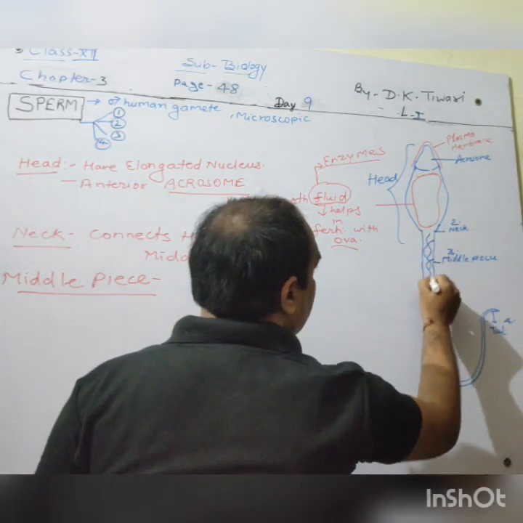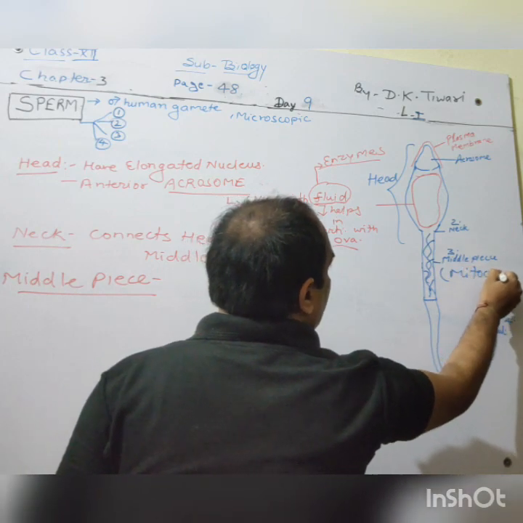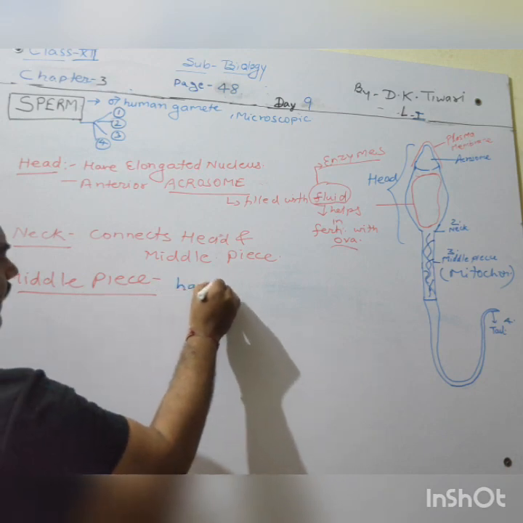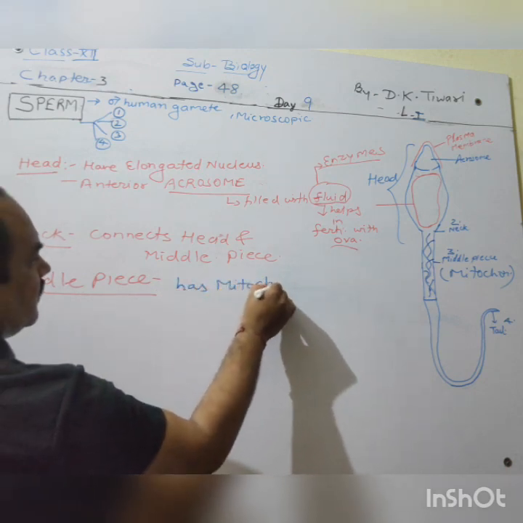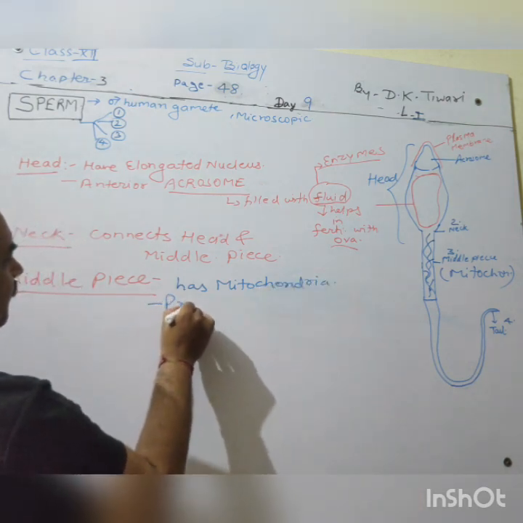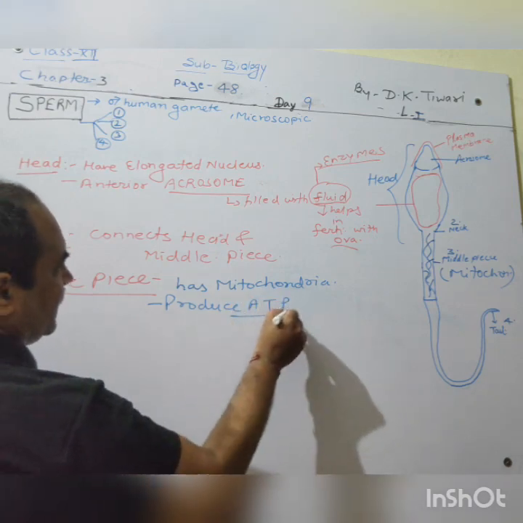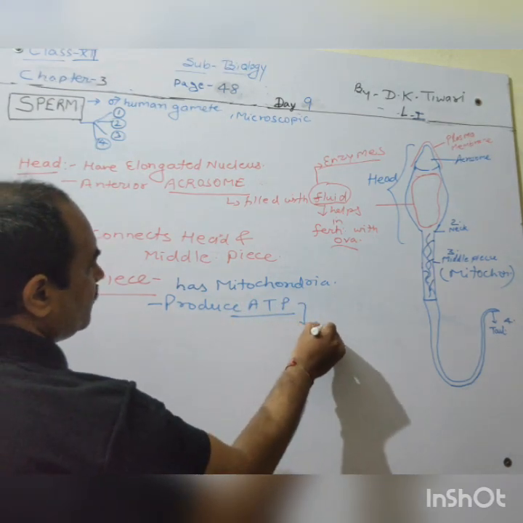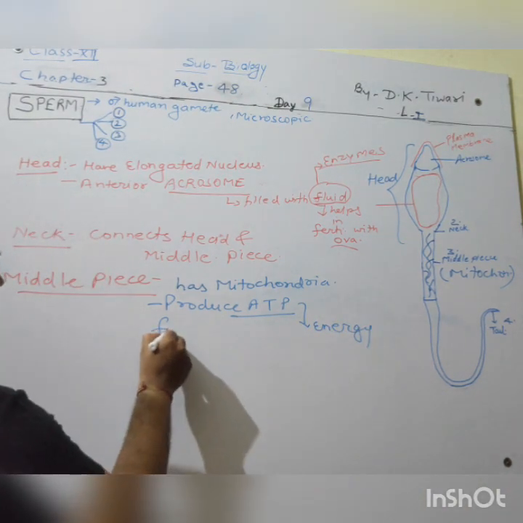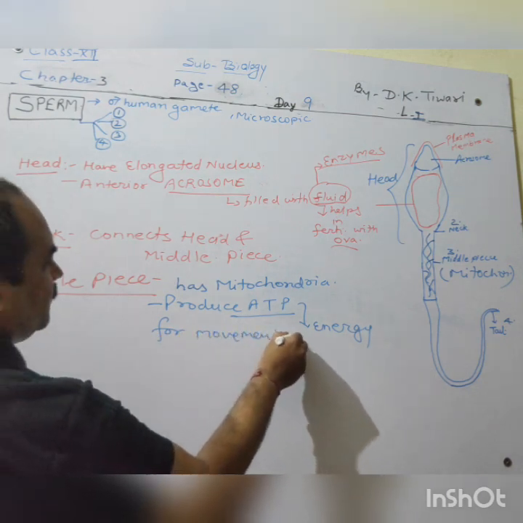The mitochondria produce ATP, generating energy for the movement of the tail.